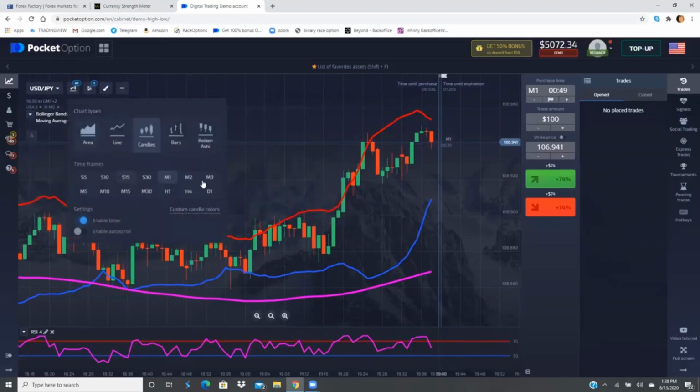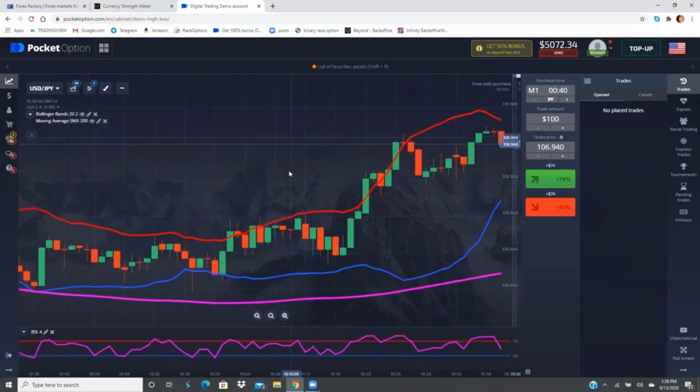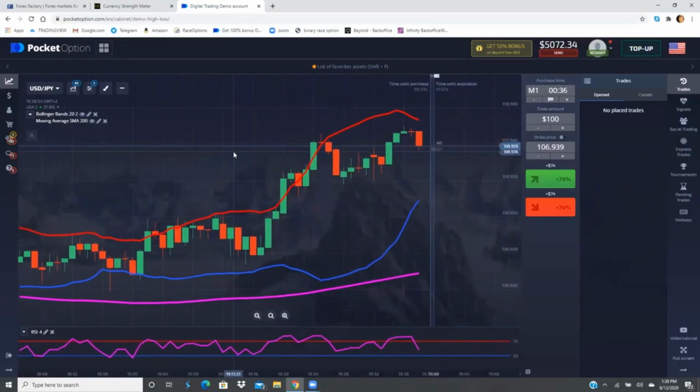This is where you'll find what minute chart you're on. You can change it to an hourly chart too, but I'm going to stick with 1 minute. Each candle represents 1 minute because I'm on a 1 minute chart. Over here indicates that I'm going in for a 1 minute trade.